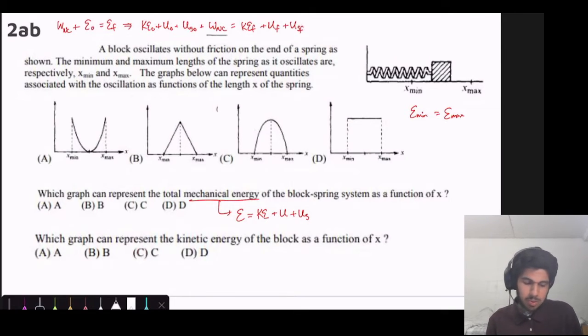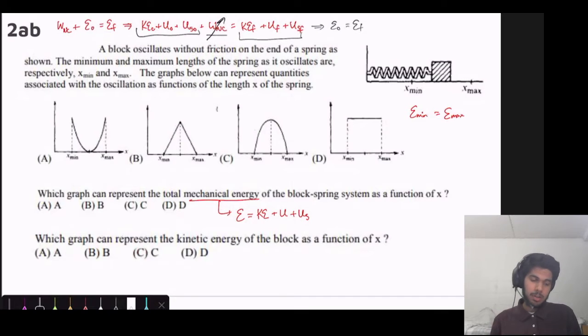And we say, okay, this work non-conservative term goes to 0. So we're left with this initial sum of energies is that final sum of energies. So we have E initial equals E final. So no matter where we are within this region, the energy will be the same. So that means answer choice D would be our best option.